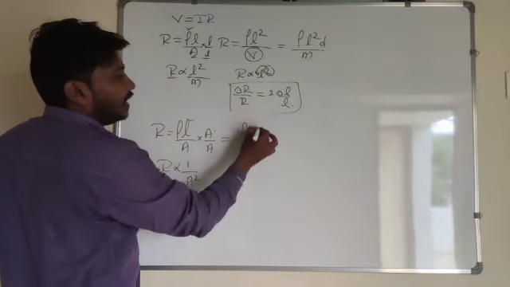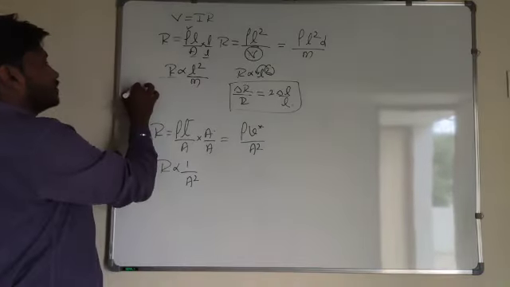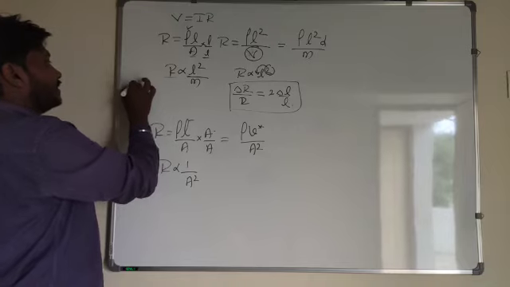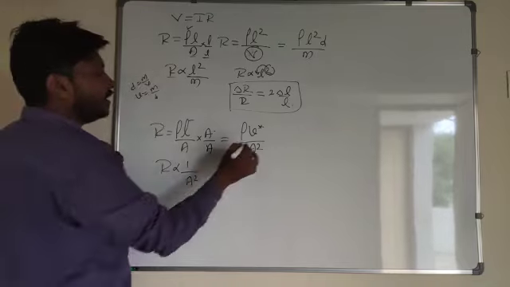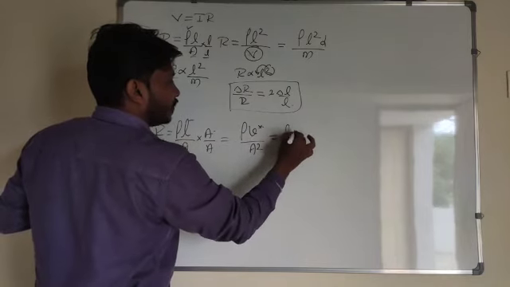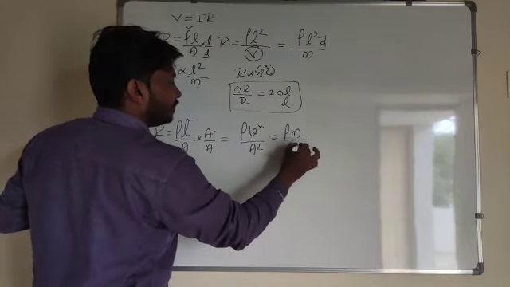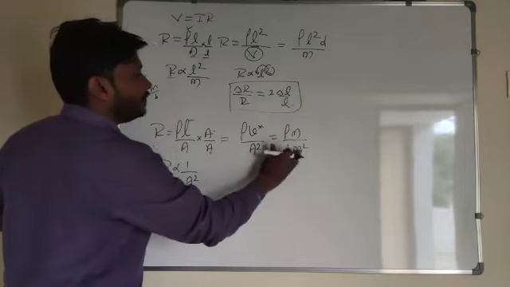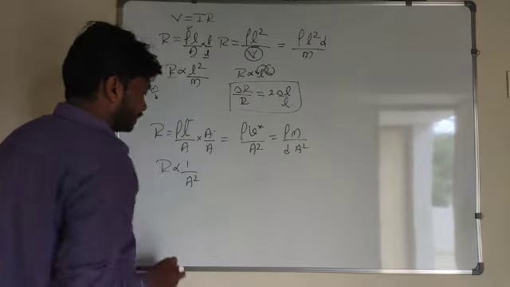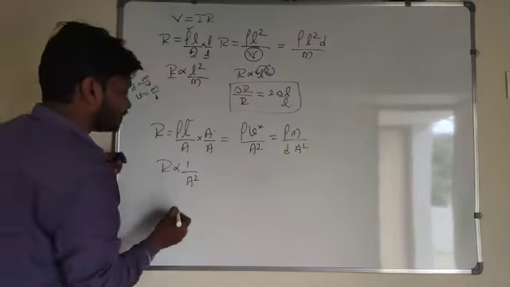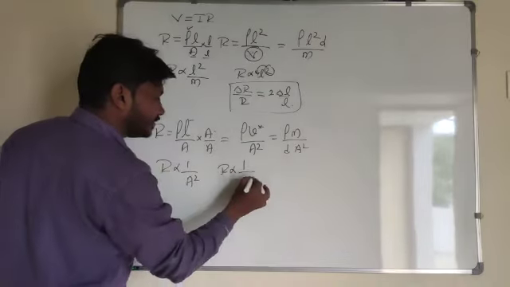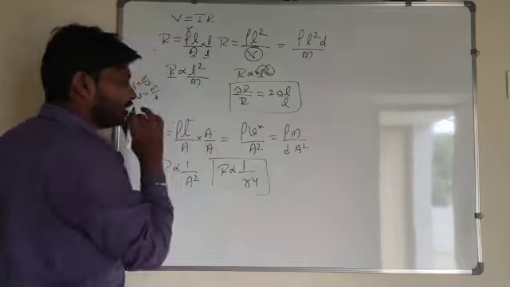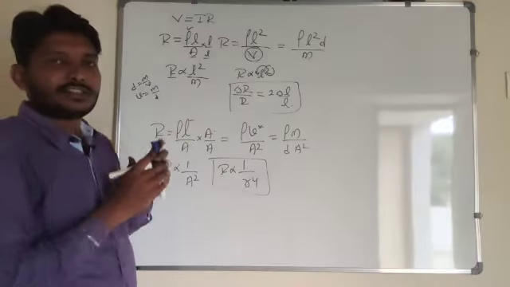Instead of volume, since volume is mass by density, we get rho into M divided by d into A squared. So it is inversely proportional to the square of its area, or in terms of radius, R to the power of 4. So this is all about resistance.